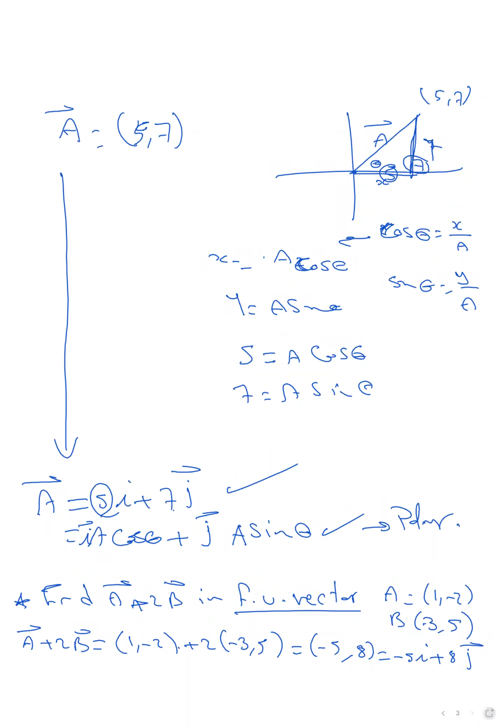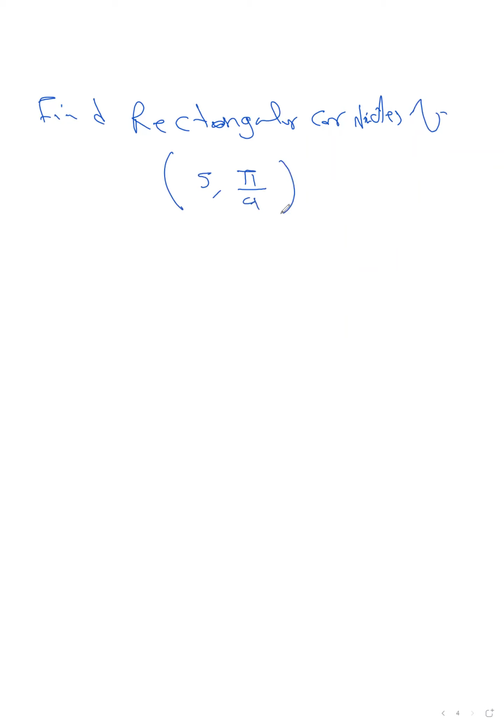ممكن يقول لك كمان سؤال: find the rectangular coordinates of 5 and pi over 4. 5 and pi over 4 means the length is 5 and the angle is pi over 4, which is 45.